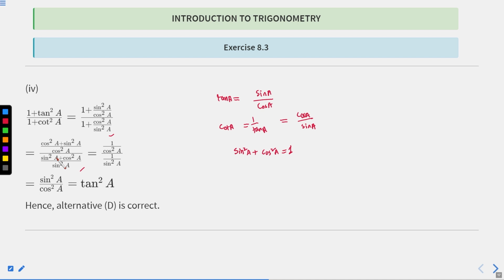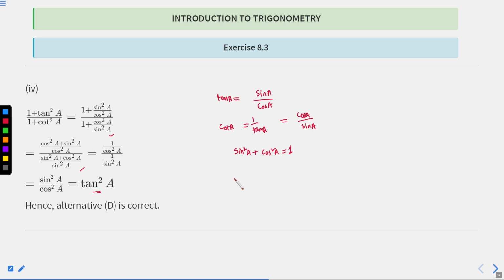We also put here sin square A plus cos square A as 1. So here we get 1 by cos square A divided by 1 by sin square A, and this is equal to sin square A by cos square A, and this is equal to tan square A, since tan A is equal to sin A by cos A.